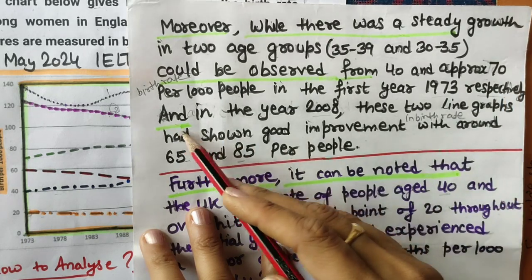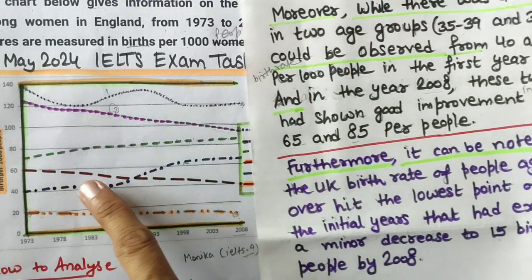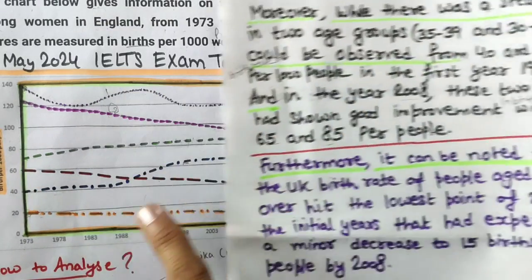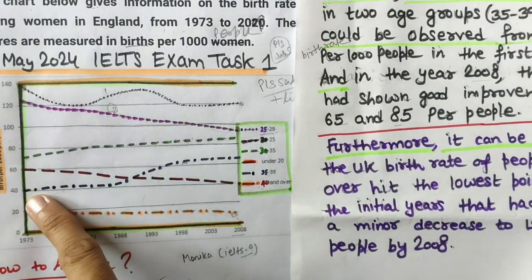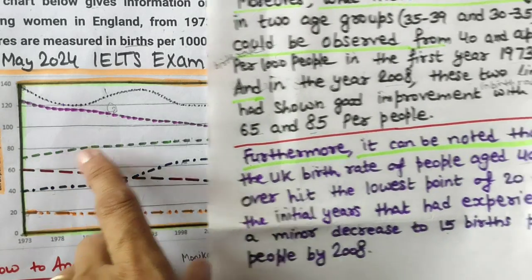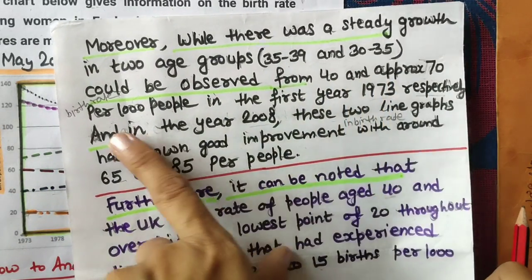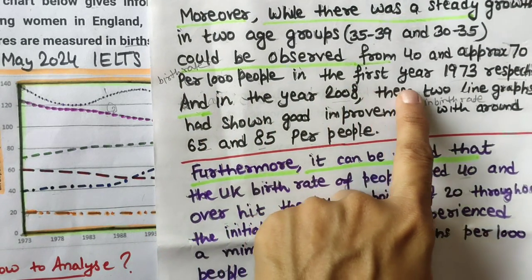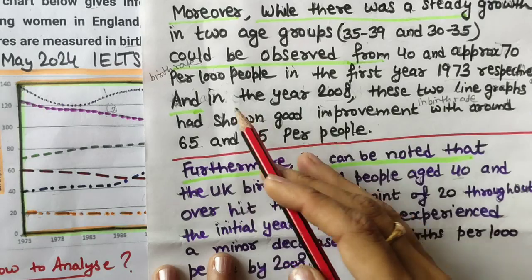Okay, so first year I have explained 40, 35 to 39, this is blue. So I am explaining first blue and then green. Okay, 40 and approximately 70 births per 1000 people in 1973 respectively.